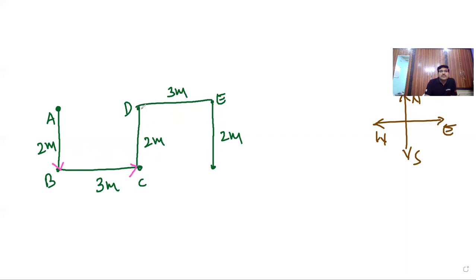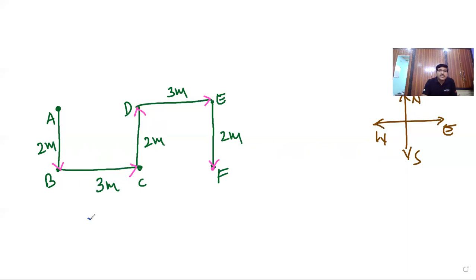Again C to D towards north, 2 meters. Again D to E towards east, 3 meters. Again E to, let us say, this is some F, E to F, south 2 meters. Okay, now in this case, he is asked two things. First one, he needs displacement.